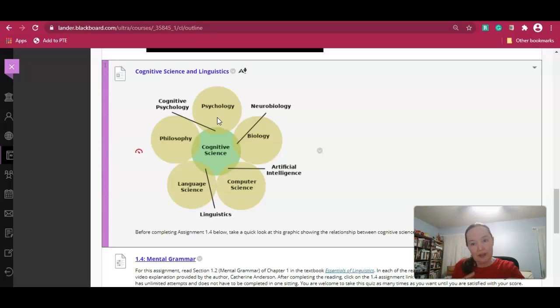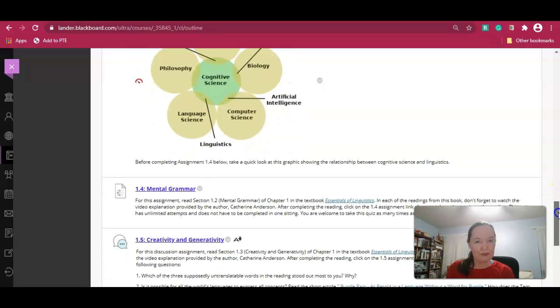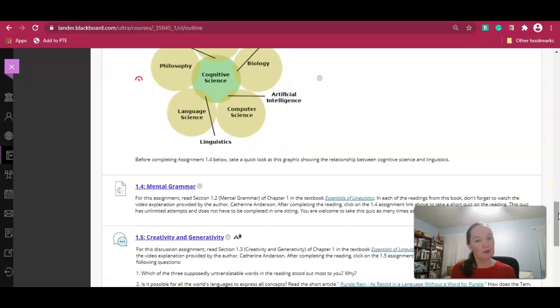All of these in some way are related to cognitive science, because cognitive science or cognition is about thinking, the way our brains operate. So linguistics is kind of the intersection between language science and cognitive science. I think it's really helpful to be able to see that visually and to think about the relationship between cognitive science, the study of the brain and how it operates, and how language works.